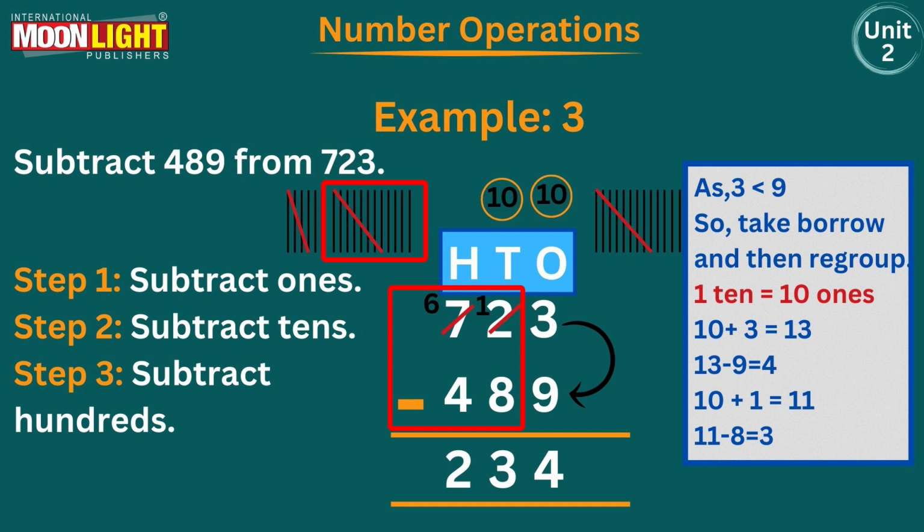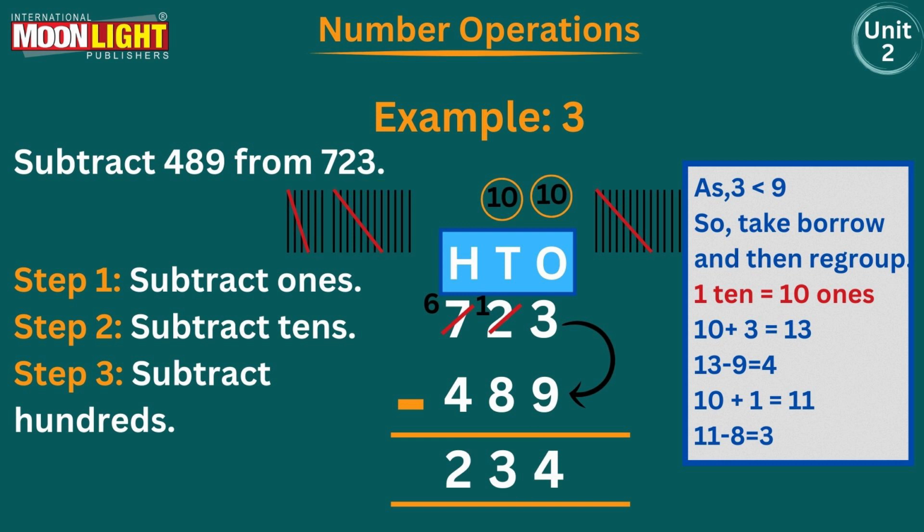So 10 plus 1 is 11. 11 minus 8: for that, I need to draw 11 lines and cut 8 lines. So what remaining lines will I have? 1, 2, 3. Means I will have 3 lines. I will write the number 3 at tens place.